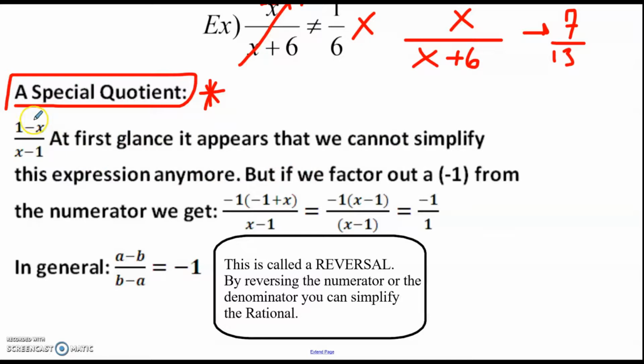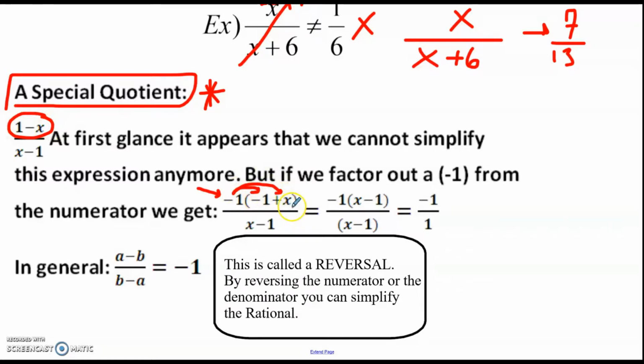If you factor out a negative 1 from the numerator, you can actually do some canceling. So factoring out a negative 1 from the numerator would mean changing the signs in the numerator. So down here, I factor out my negative 1, and I divide each term by negative 1. So my positive 1 becomes negative 1. My negative x becomes positive x, right? If I distribute this into the brackets, I need to get back to where I started, to 1 minus x. Okay, and that's the case.